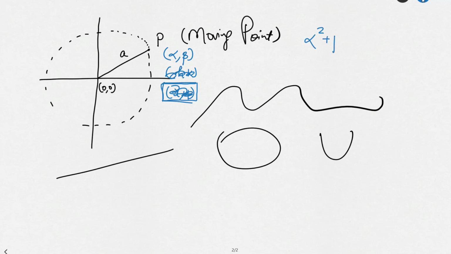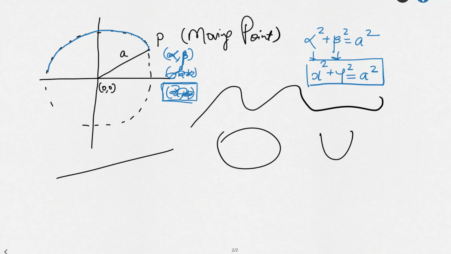Alpha square plus beta square is A square. Alpha and beta you can replace with x and y. x square plus y square is A square. This is the answer, right? Because alpha and beta are the variables that are varying and you have to trace out the curve, and the equation we write in the x-y plane. That's why we replace those terms with x and y.